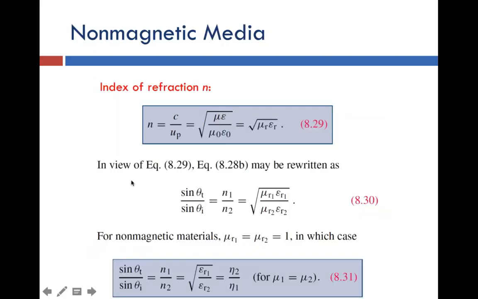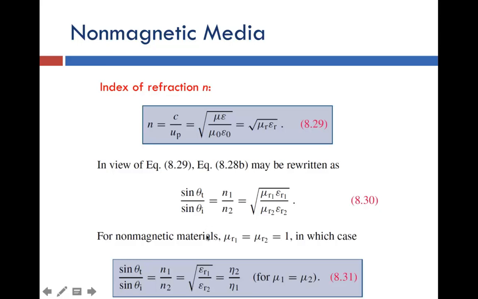For non-magnetic media, we can define n, which is c over u, and so that would be the square root of mu epsilon over mu naught epsilon naught, or the square root of mu r epsilon r. And we can rewrite Snell's laws in terms of n1 over n2, where n is referred to as the index of refraction.